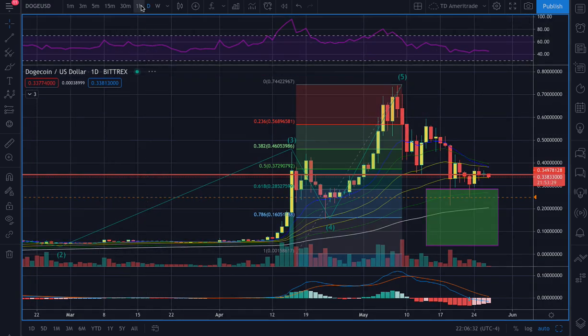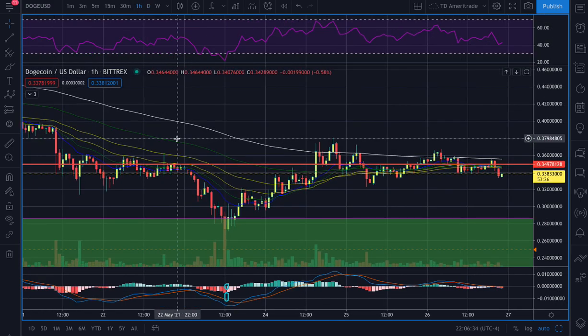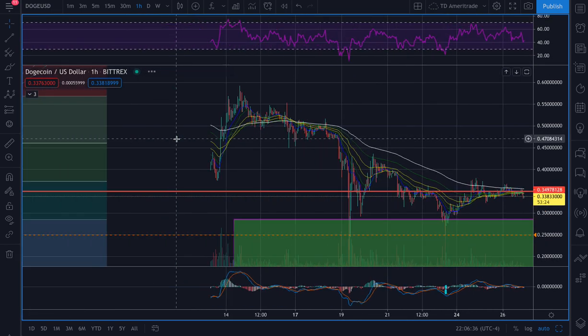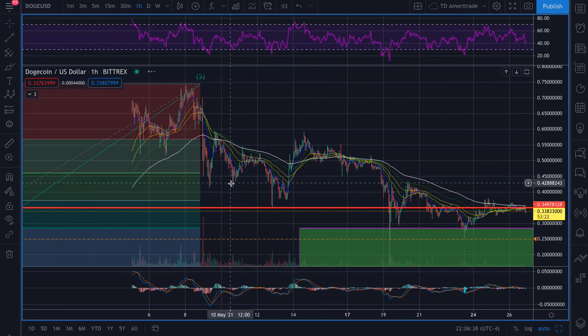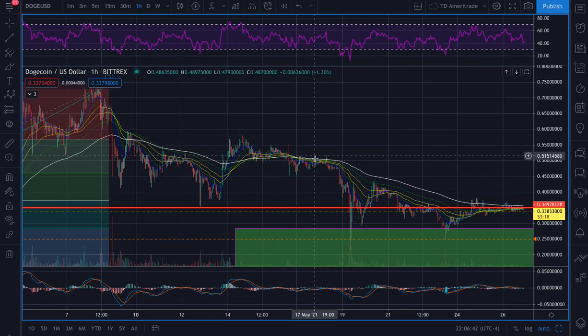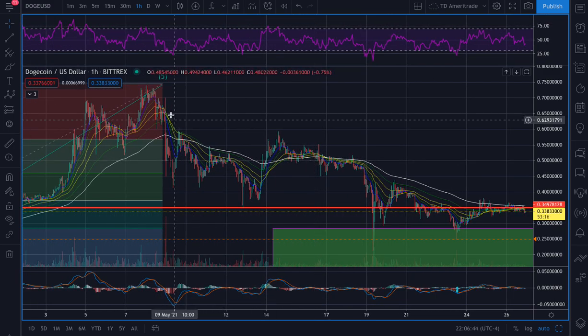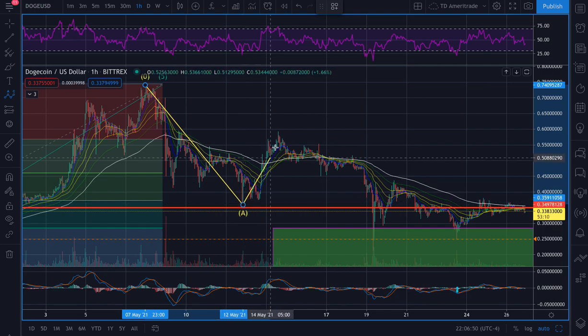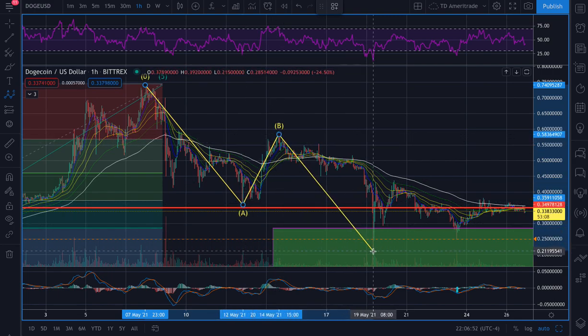Okay, so let's zoom back in a little bit. It's always good to get the bigger picture first before you go in looking at the little itty-bitty subwaves. Definitely, to me, looks like an ABC 1, 2, 3 like this.